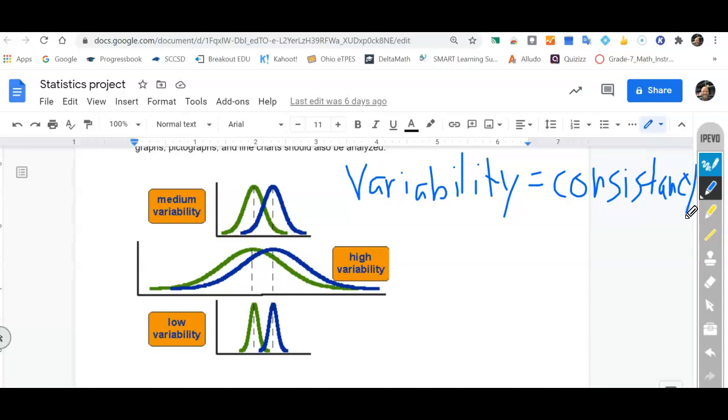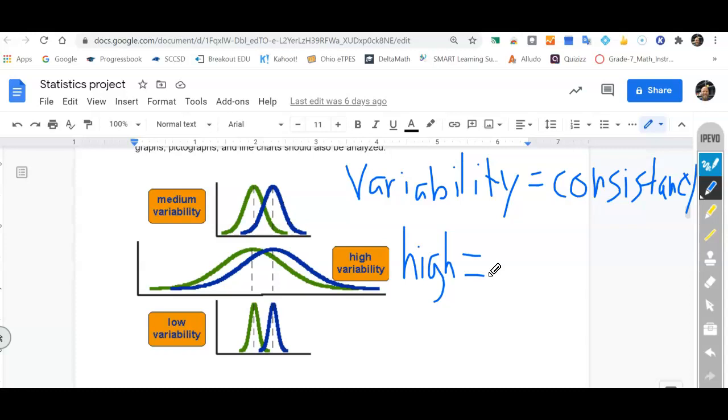So, if I have a high variability, like on this one, the middle one, would that mean that whatever it is that we're looking at would be more consistent or less consistent?